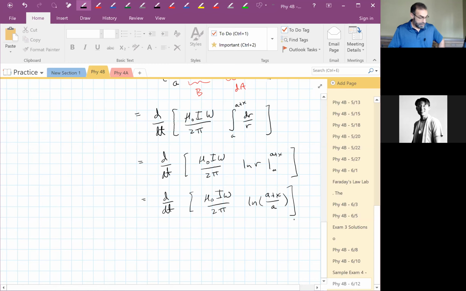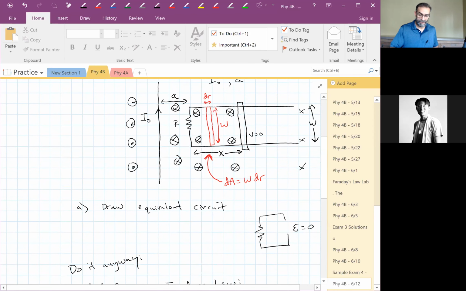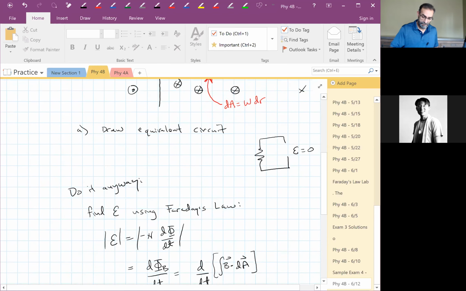Okay, now we're done with that part, with the flux part. Now we're ready to look at the change in time. So is anything here changing in time? Is A changing in time? No, the loop doesn't move. Is X changing in time? No, the velocity is 0.